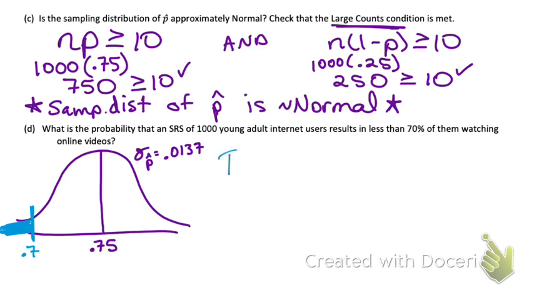Here's what we're finding: the probability that a p hat, a sample proportion, is less than 0.7 in this p hat distribution.